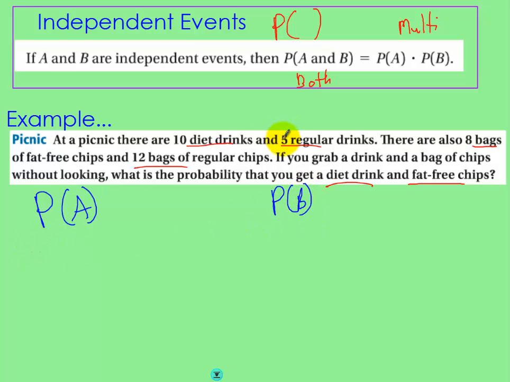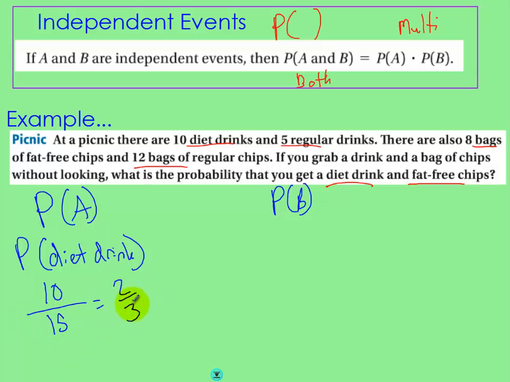Well, your event A in this case is going to be, we're going to do the probability of drinks. So probability of diet drink. And what's the probability that you pick up a diet drink? Well, there are 10 diet drinks, and there are going to be 10 plus 5, 15 drinks total. So that's going to equal 10/15ths or 2/3.